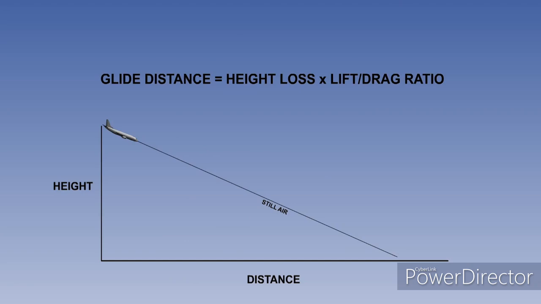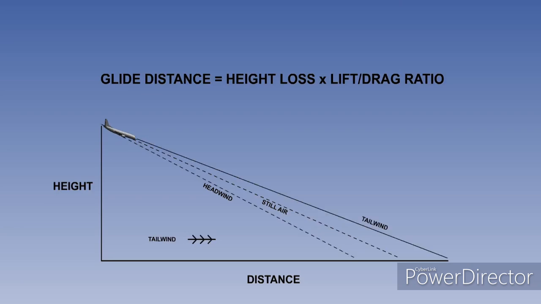The glide angle will determine the distance that the aircraft can glide for a given change of height. This distance would only be achieved in still air. If there is a wind, the ground speed will be affected, and so the distance will change. In a headwind, the ground distance will be reduced.